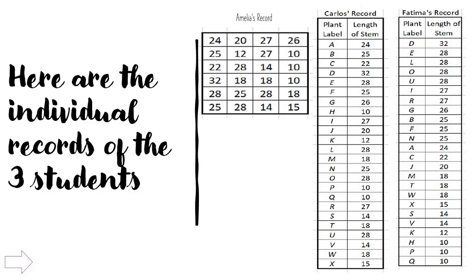Now, here are the individual records of the 3 students. So, here is the Amelia's record, Carlos's record, and Fatima's record. So, kung makikita natin, iba-iba yung way paano nila ni-record ang kanilang, yung experiment na kanilang ginawa.